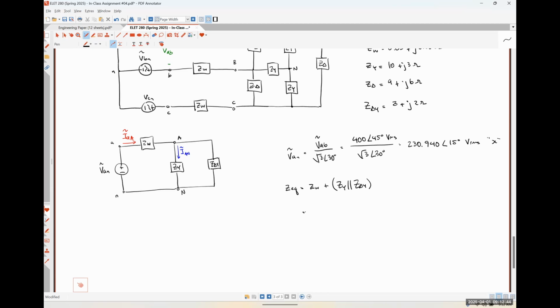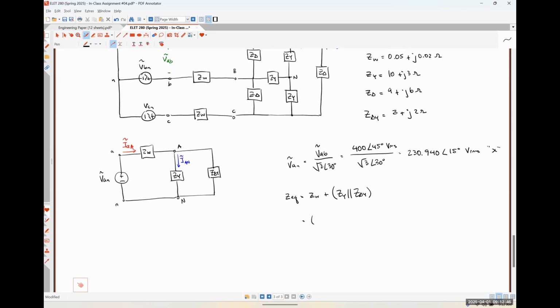So this would be 0.05 plus j0.02 plus, let's see, Z delta, or excuse me, ZY, goodness, is 10 plus j3. Z delta Y is 3 plus j2. And then I would have 10 plus j3 plus 3 plus j2, like so.